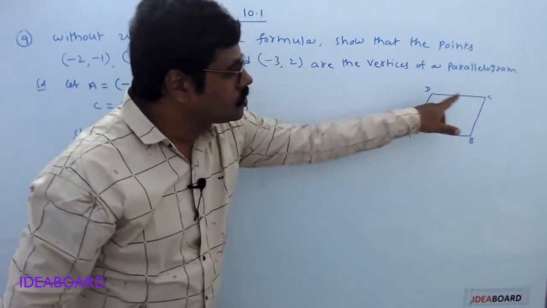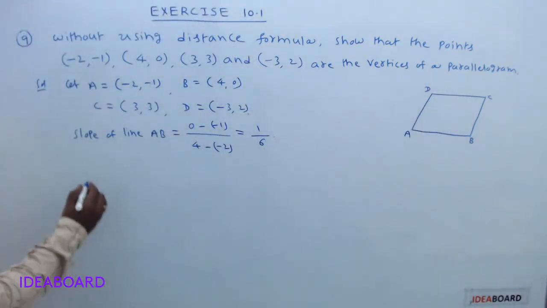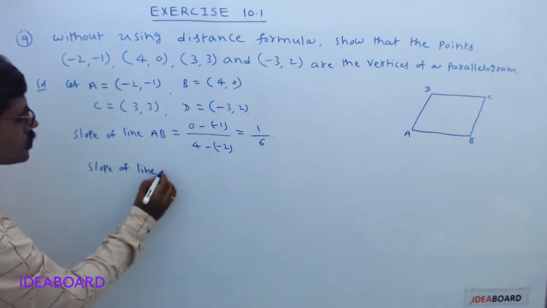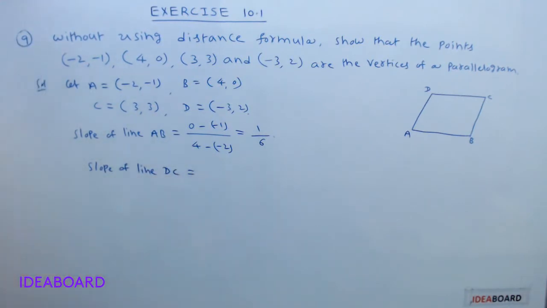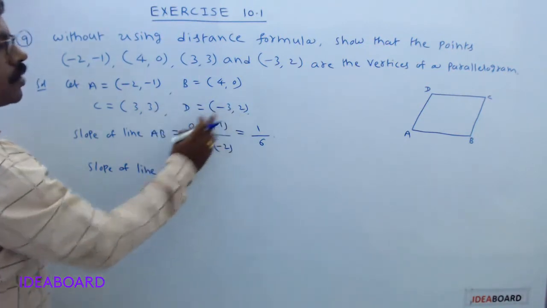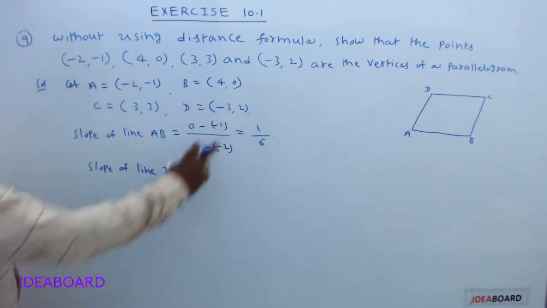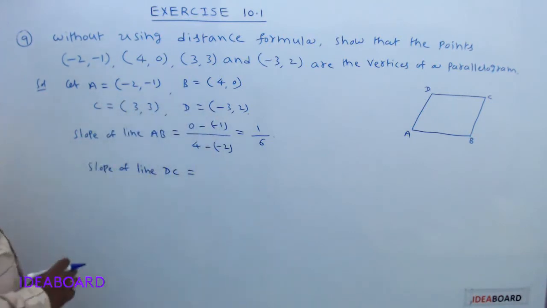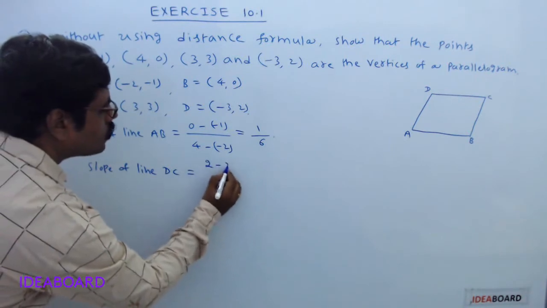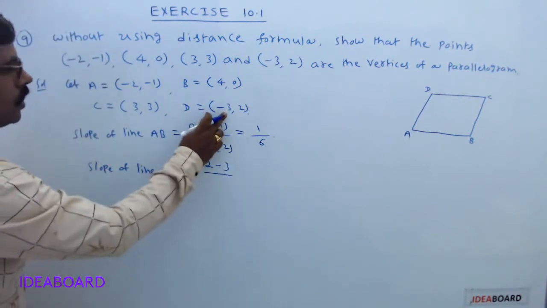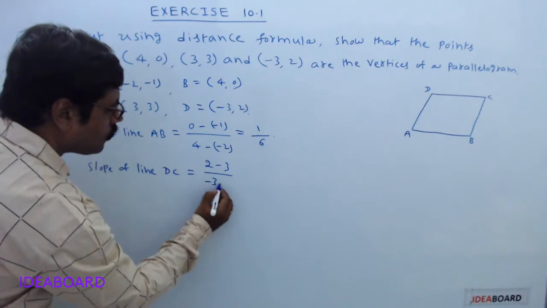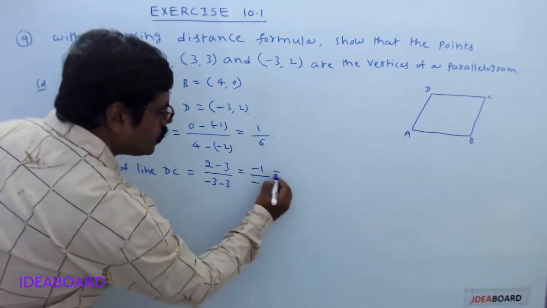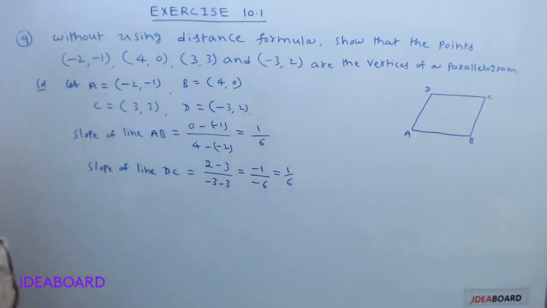Then calculate slope of side DC. Again on these 2 points apply the formula y2 minus y1 divided by x2 minus x1. So it is 2 minus 3 divided by -3 minus 3. So this is -1 divided by -6. It will be 1 by 6.